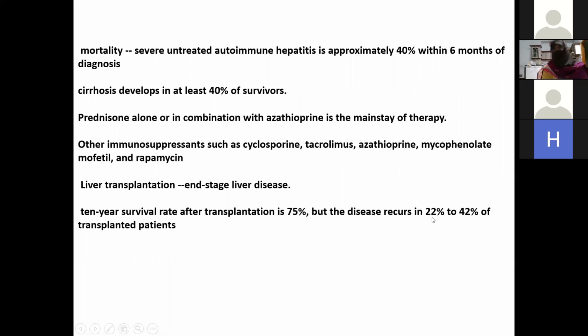Okay. So basically, there are two types of autoimmune hepatitis: type 1 and type 2. Type 1 usually develops in middle-aged females, and type 2 develops in children and teenagers.